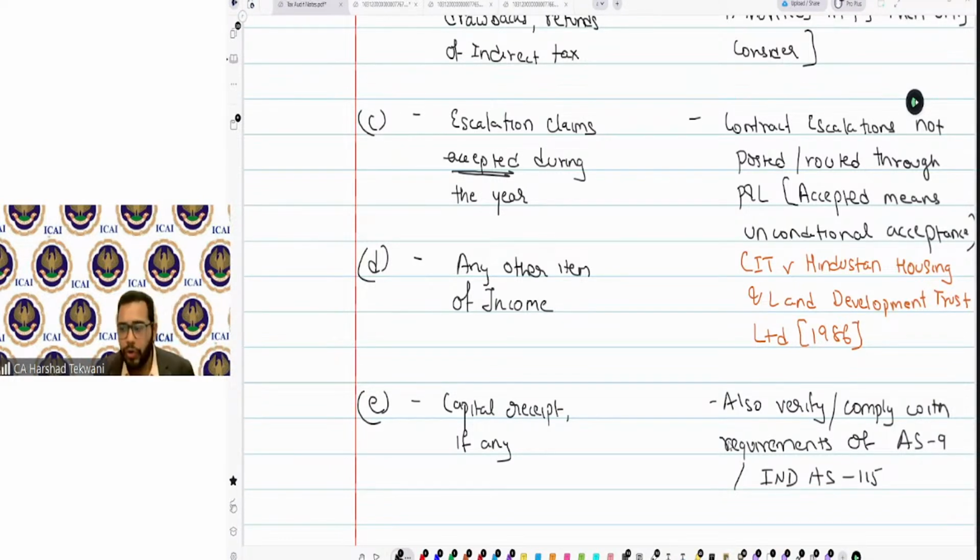So I need to also see the term income from the viewpoint of the accounting standards in order to determine whether it is an income or not.